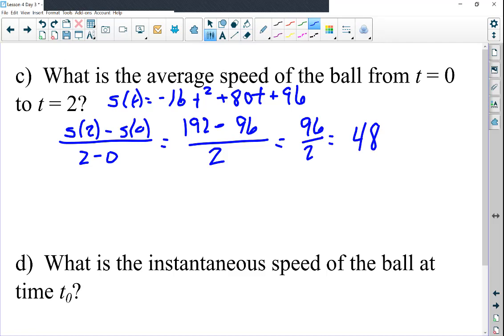Half of 96 will be 48. And that represents 48 feet per second, the average speed over the first 2 seconds.